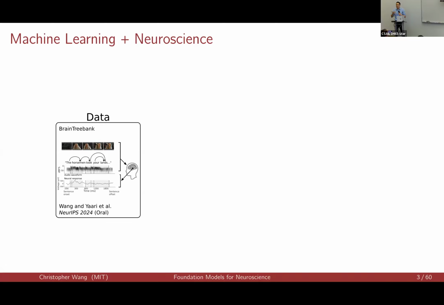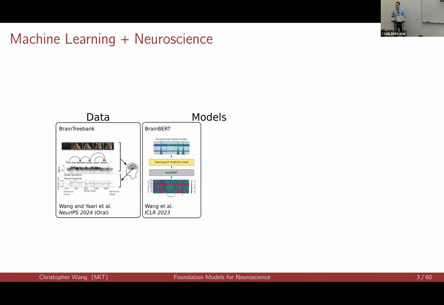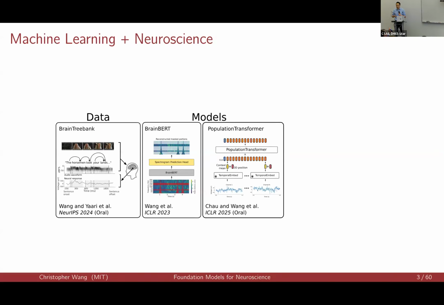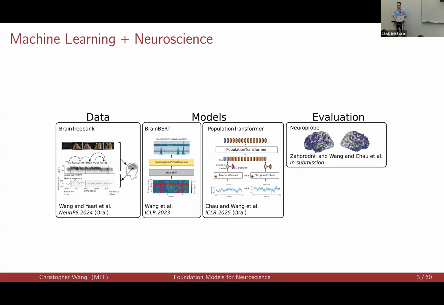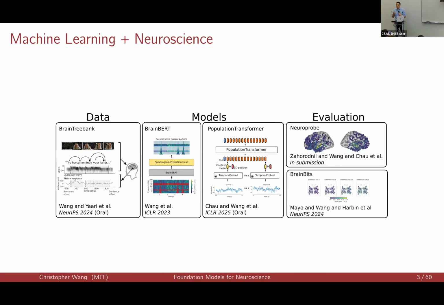I'll talk about how we collect data at scale to create the Brain Treebank. I'll talk about modeling and how we use self-supervision to learn representations of brain activity for BrainBERT and Population Transformer. And I'll talk about how we evaluate those models, how we make evaluation more widely available with NeuroProbe, and how we do evaluation when evaluation gets a little tricky with BrainBits.